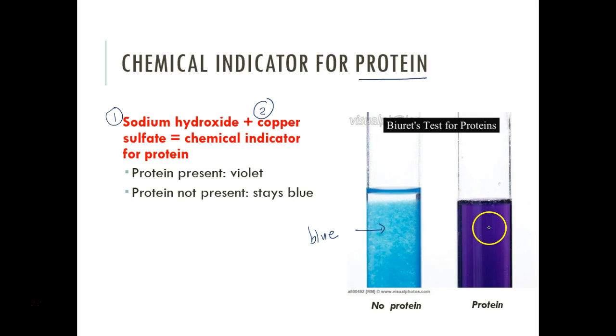However, if you were to mix the sodium hydroxide and copper sulfate together and put it in the presence of protein, then it would turn to this violet color. And this violet color will tell you, yes, there is protein in the solution.